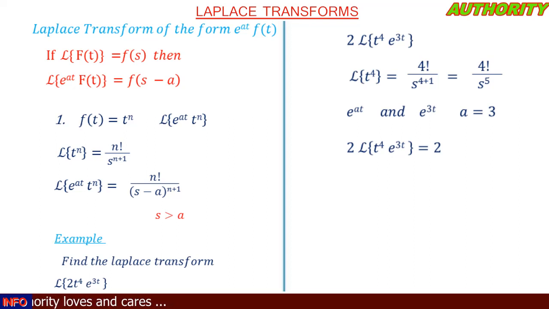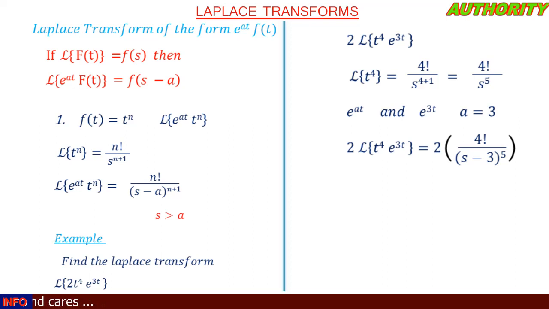Right? Good. Now, because this t raised to the power of 4 is being multiplied by e raised to the power of 3t, anywhere we see s, we replace it with what? S minus 3. So in this case, we are going to have 2 open bracket 4 factorial all over s minus 3 close the bracket raised to the power of 5.